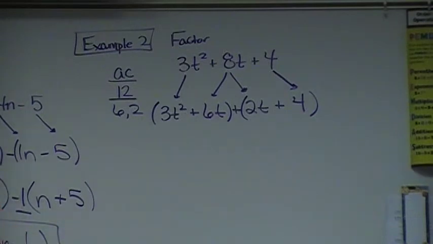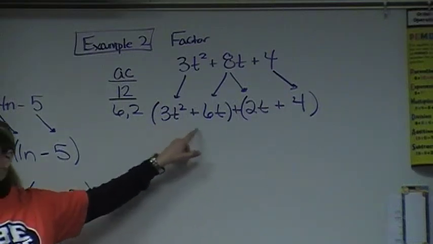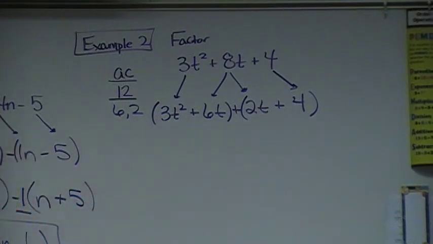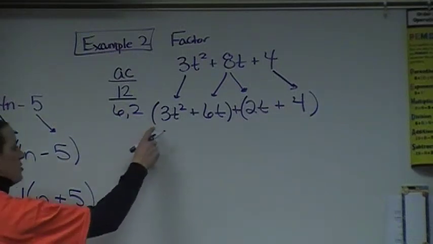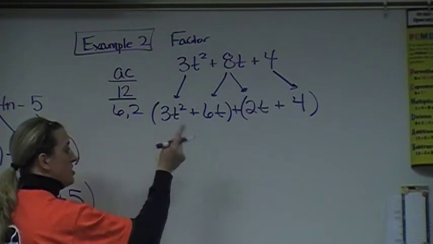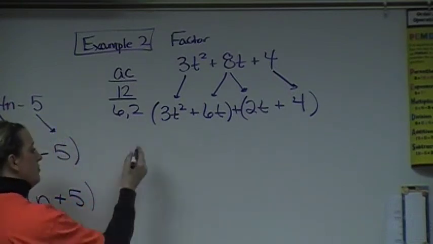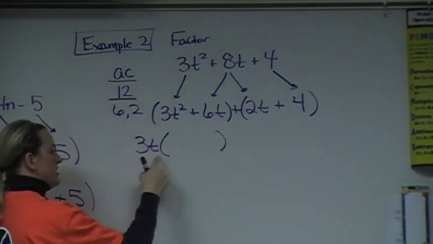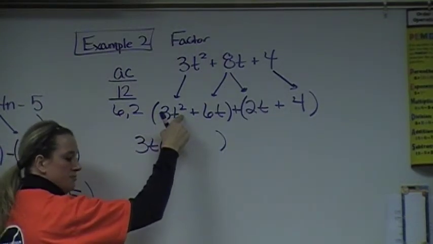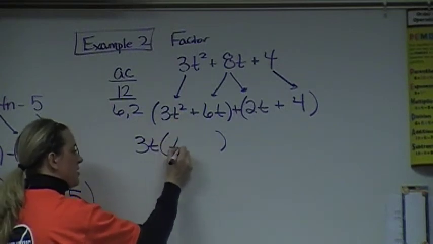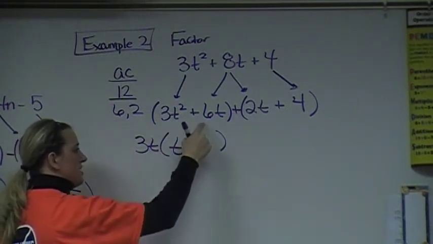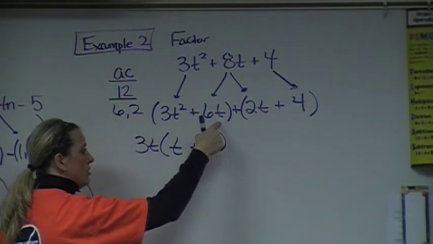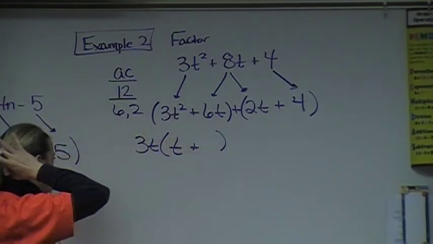All right, now we need to pull out our greatest common factor. What is the greatest common factor of 3t squared and 6t? 3t, yep. Because is 3 a factor of 6? And is t a factor of t and t squared? Yep. So we're going to factor out a 3t. Ask ourselves, 3t times what is 3t squared? t, yep, plus 3t times what is 6t? 2t or just 2?